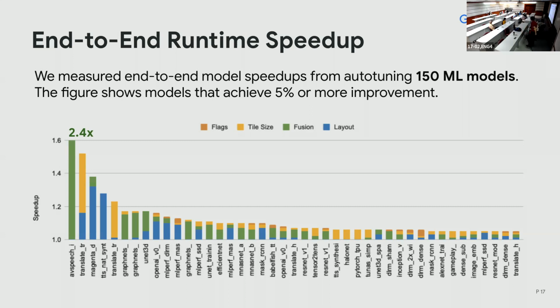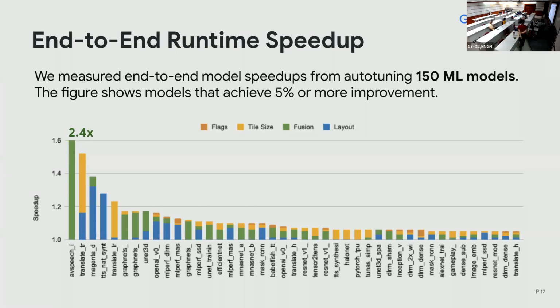What happens if we implement this on a TPU or something like that? Would the learned cost model generalize? Yeah, in our experience so far, they actually seem to generalize. You still have to do some fine tuning.